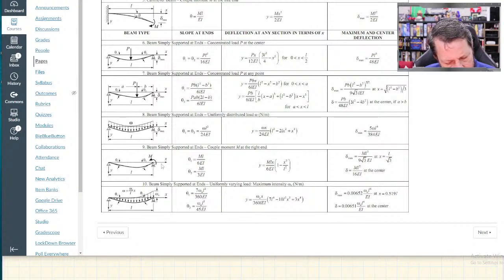Well, now that I'm looking at it, a concentrated moment will create a slope theta 2 at that pin. I guess it's because it's not a real fixed support.